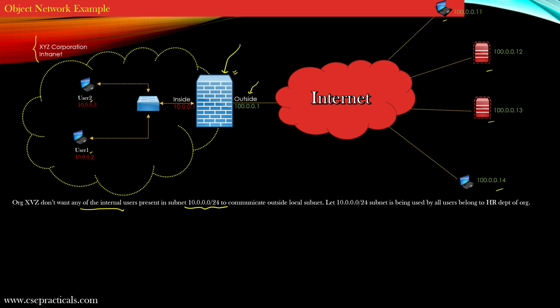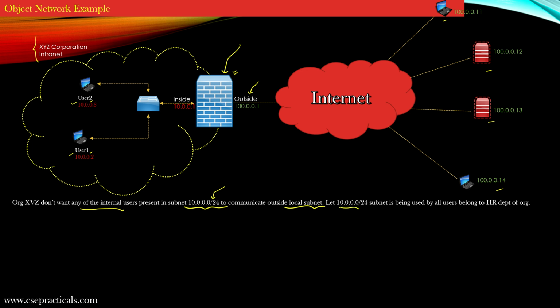For the sake of example, I have chosen the subnet 10.0.0.0/24, and I am showing user 1 and user 2 as two users present in this subnet.